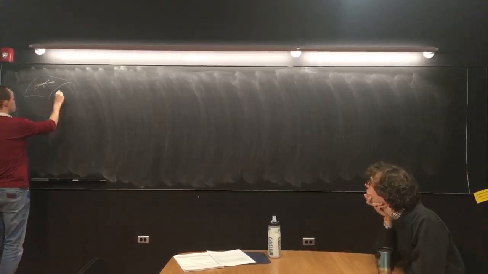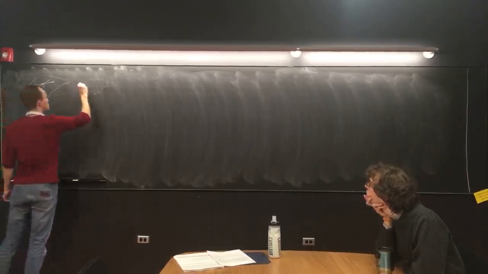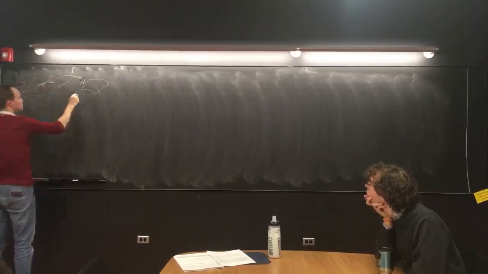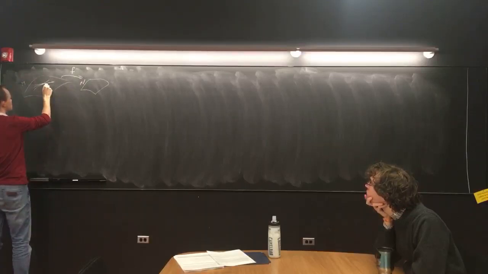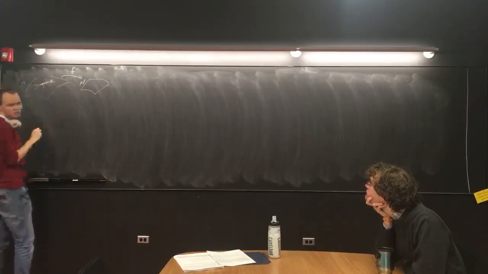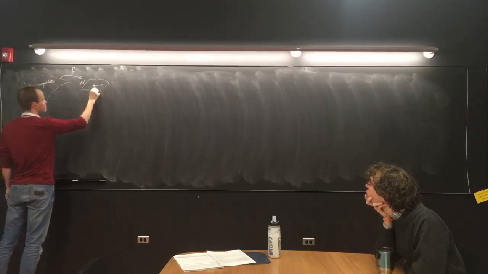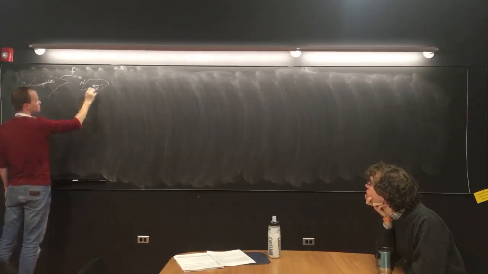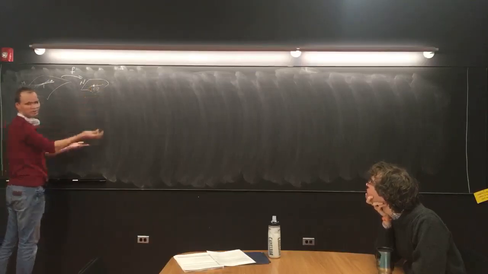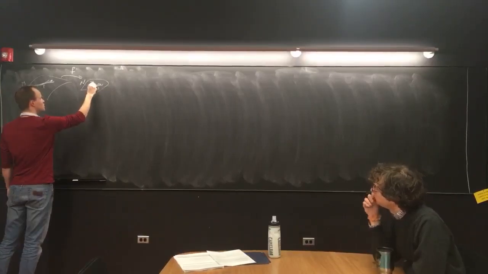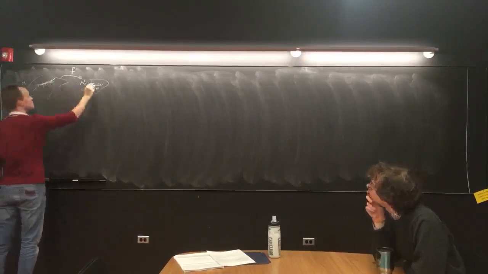And for any map between two manifolds M and N, we defined its differential by taking any tangent vector, taking any curve that represents that vector, and mapping the curve by f. The equivalence class of the resulting curve is the resulting vector, which is denoted by f star v.